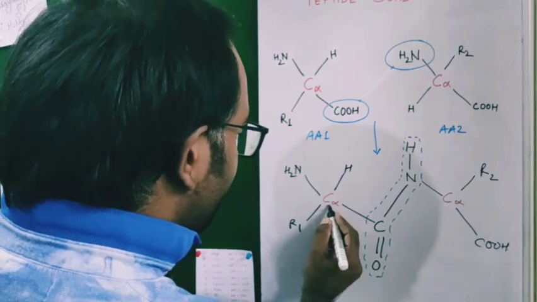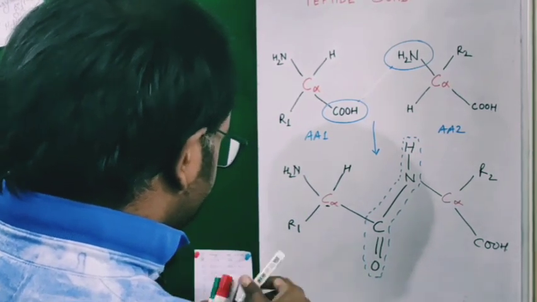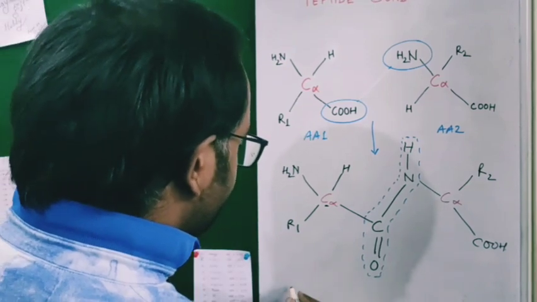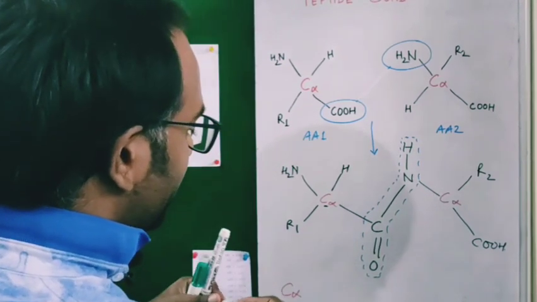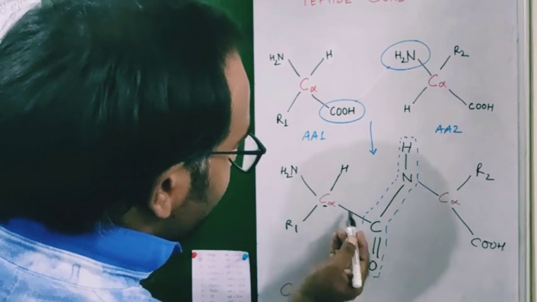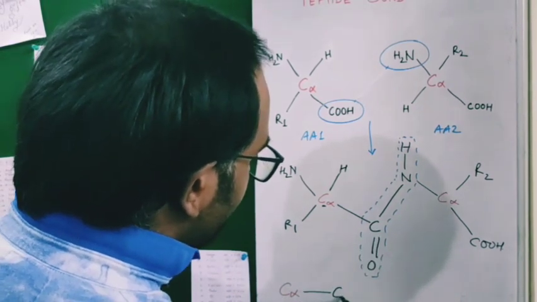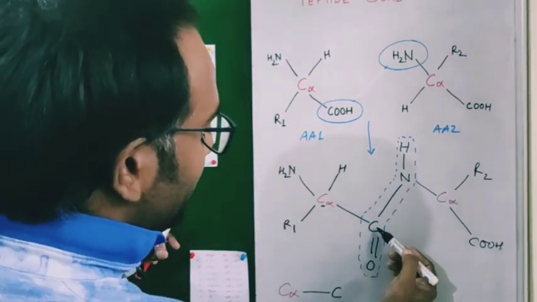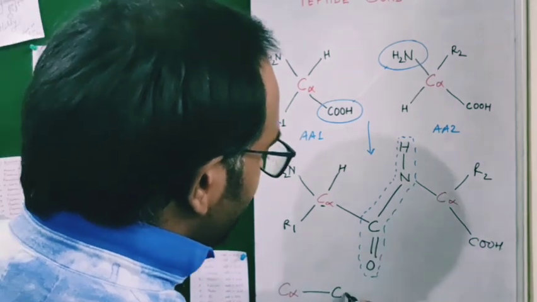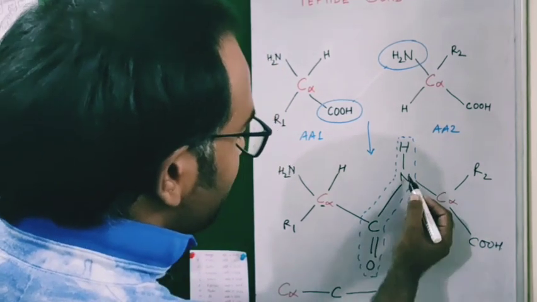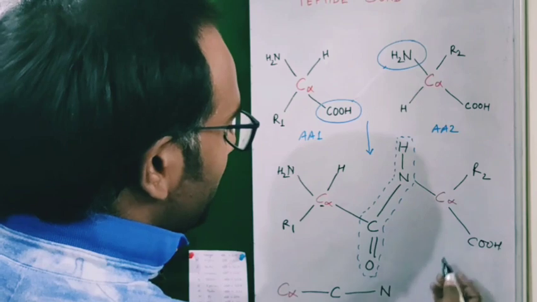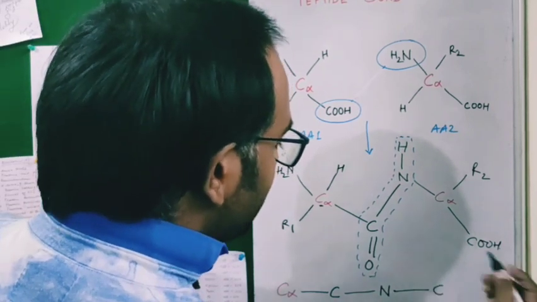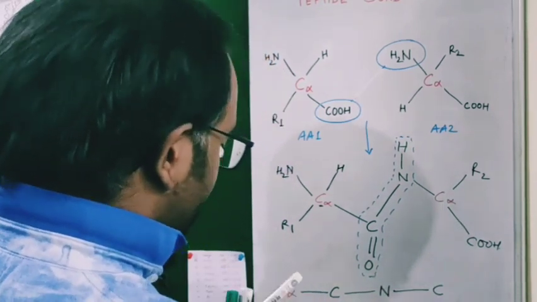We'll write from here: C alpha, the alpha carbon, is linked with the carbonyl carbon, and this is linked with the amide nitrogen, and this amide nitrogen is linked with the next alpha carbon atom of the next amino acid.